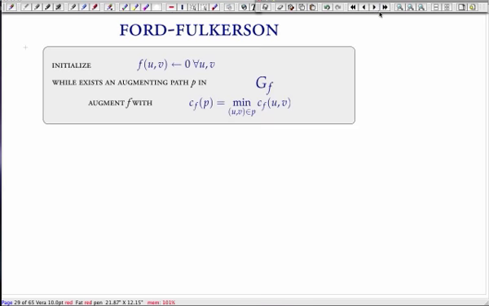What I really want to get to, so that suggests that you start with the flow that's at 0, and while there's some augmenting path in your residual graph, you augment your flow with the bottleneck edge, just like we were doing in our example.